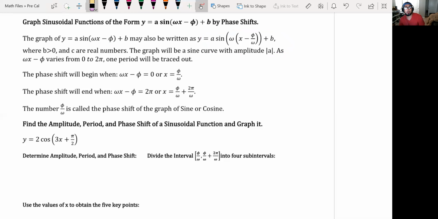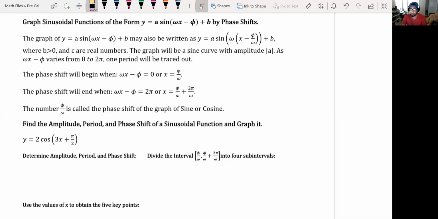Okay, where b is greater than 0 and c are real numbers, the graph will be a sine curve with an amplitude of the absolute value of a. As omega x minus phi varies from 0 to pi, 1 period will be traced out. So here's what we do for key points.